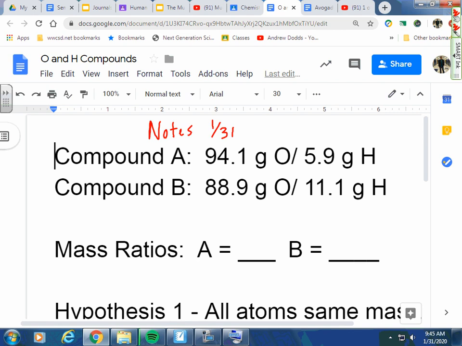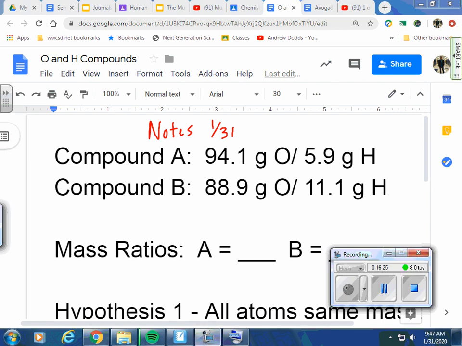The second compound has 88.9 grams of oxygen and 11.1 grams of hydrogen. So just like we did on the worksheet yesterday, can you figure out the mass ratios for me real quick? So video paused here.